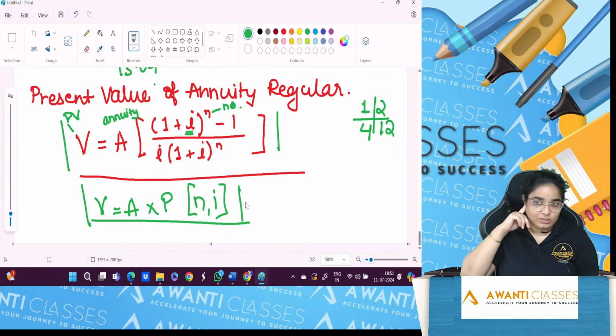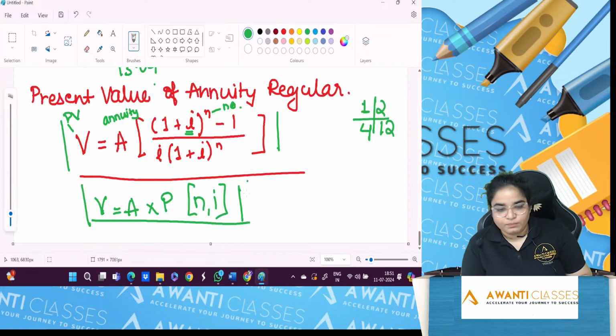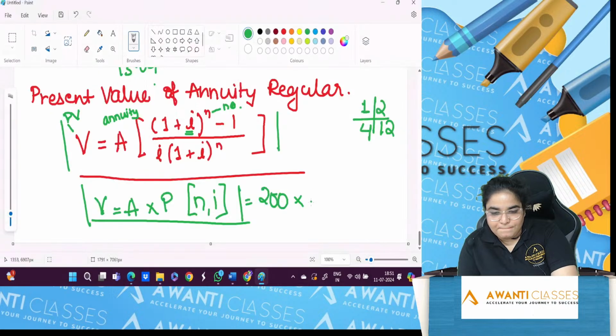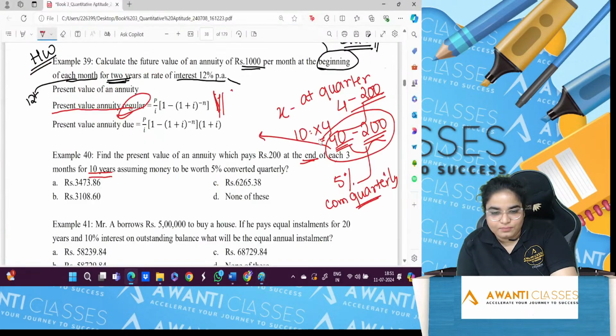What is this? I will tell you right now. This is annuity, how much? It was 200, yes, into P of N and I. N is how much? They had done it for how many years?